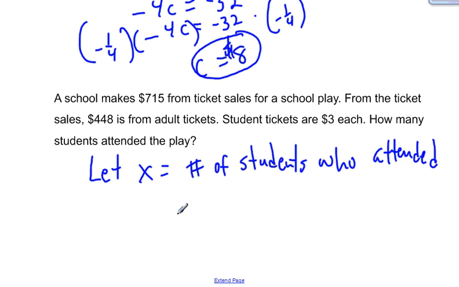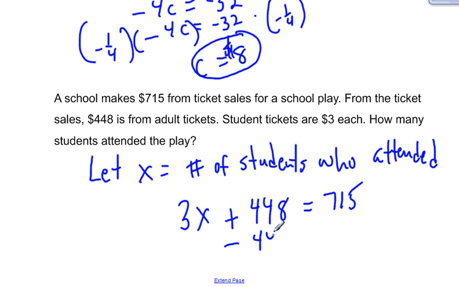Each student's ticket is costing $3. And what we know is that the student ticket sales plus the adult ticket sales equals the total money brought in from the adult and student tickets of $715.